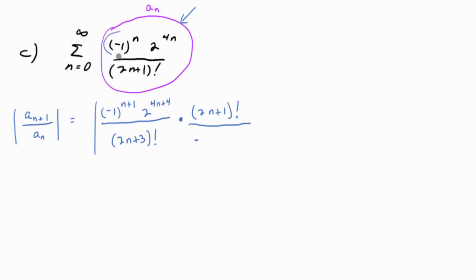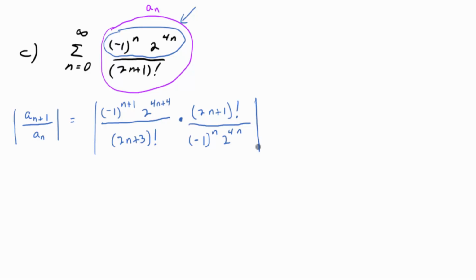I haven't taken off the absolute values yet, so I still need the negative 1 to the n there. So negative 1 to the n, 2 to the 4n. Okay, so that's equivalent to the absolute value of a_(n+1) over a_n. Does everybody see where that comes from?